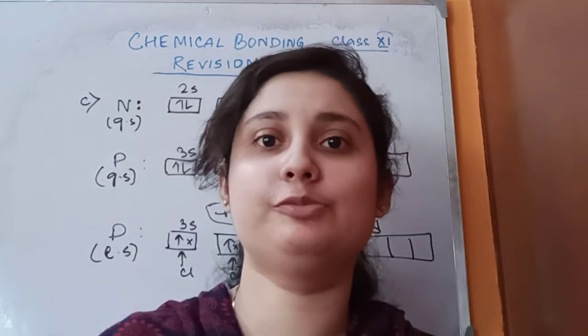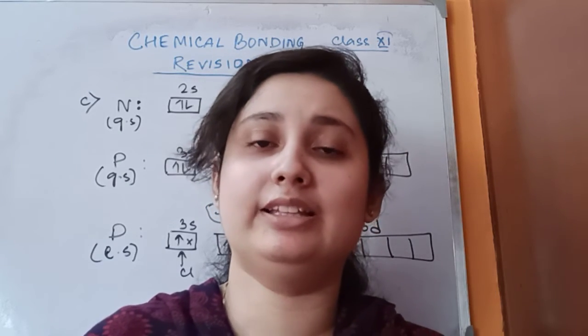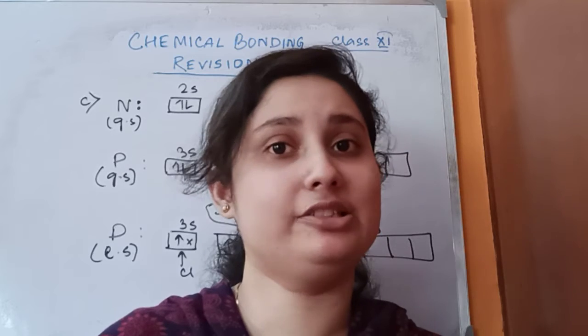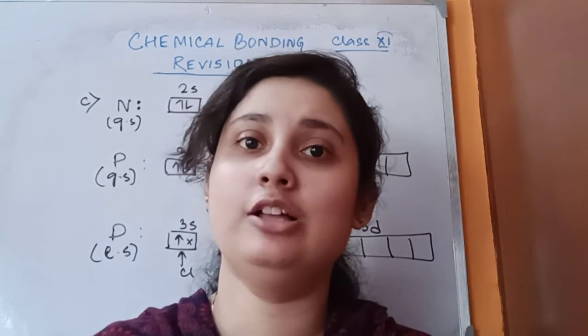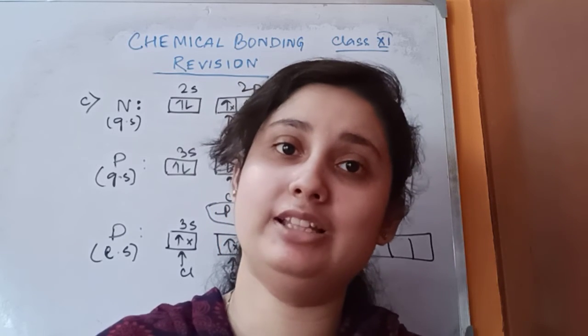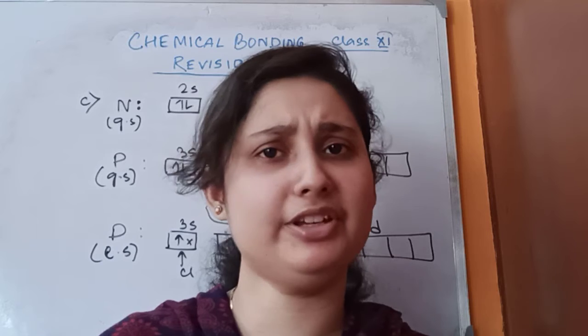You have to show those portions if this question comes in the examination. Then the bond orders, ascending order, descending order, these are very important questions. These have been explained with the calculation of bond orders itself during the videos.